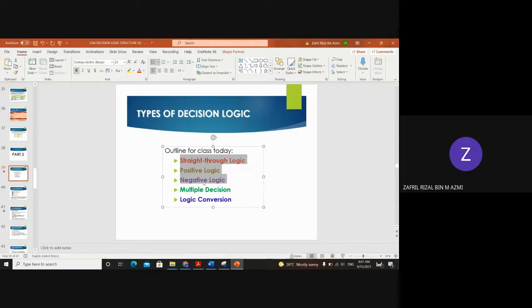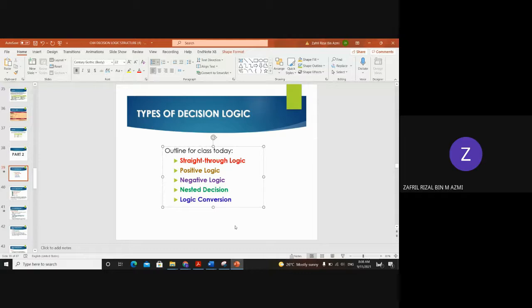So all of this is multi-selection, multi-decision. And we are also going to look at the third, which is nested decision, also in the class of multi-selection.